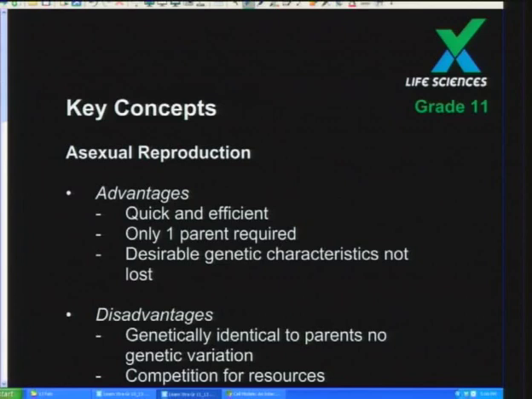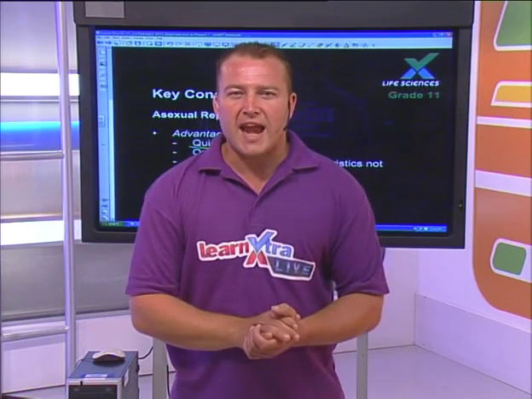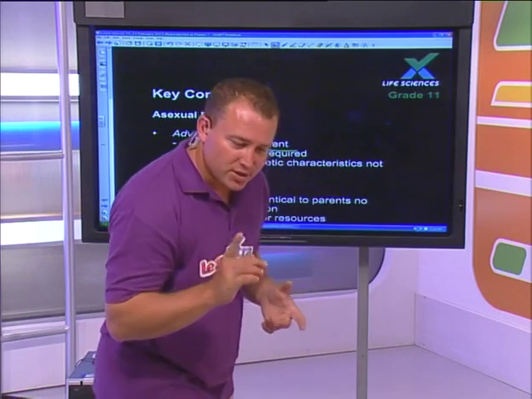If we have a look at the board, it's quick and efficient. If I look at asexual reproduction, the best way to look at it is mitosis. And I know you've done mitosis. Mitosis is making a brand new cell. Can you remember it?